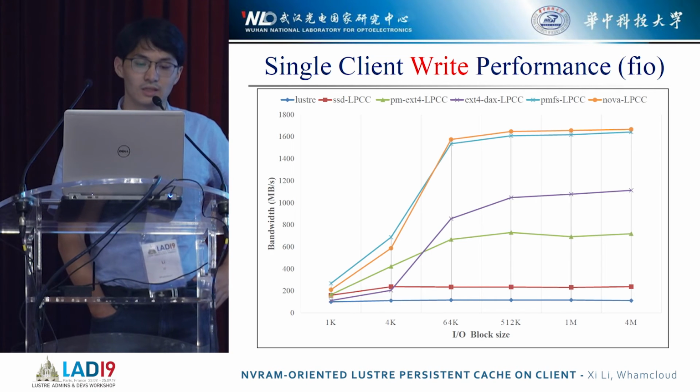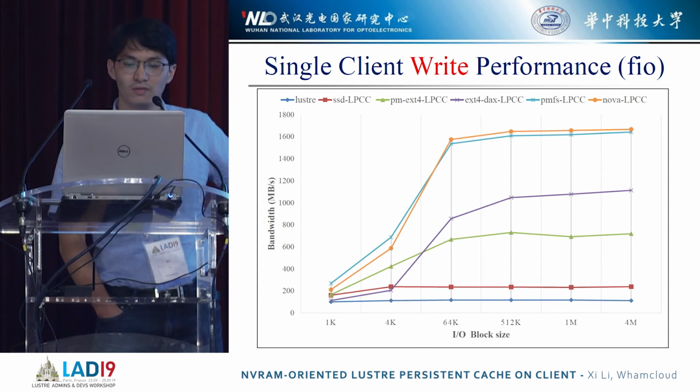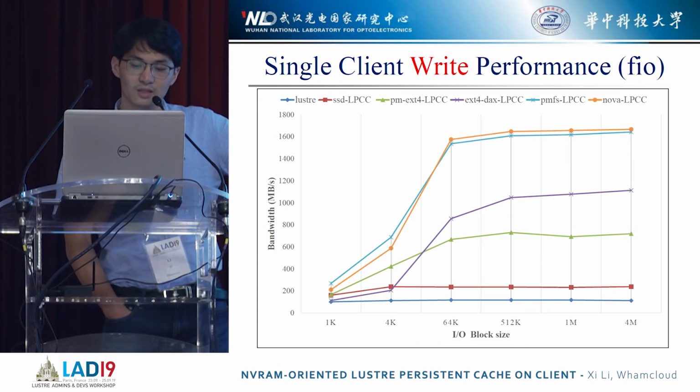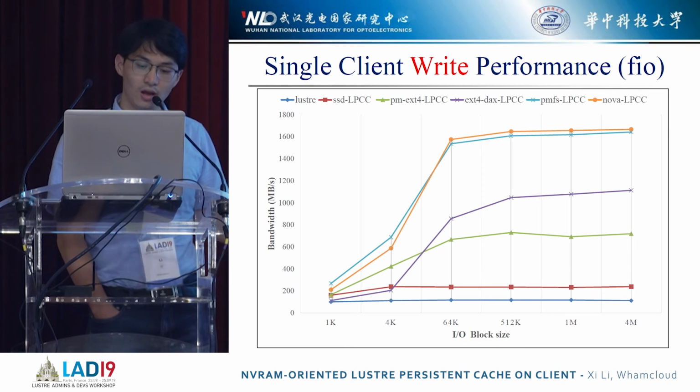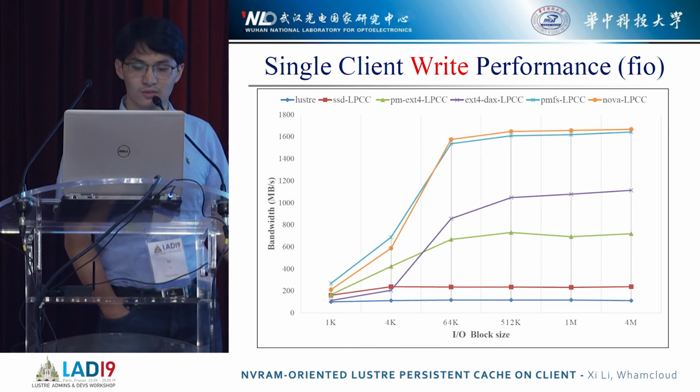This slide is about bandwidth, but if we look at the line of EXT4 with the DAX feature, we can get a similar conclusion here. When the I/O size is big, EXT4 with the DAX feature has good performance compared to EXT4 without DAX. But when the I/O size is small, the performance is bad. It's pretty bad because it is even worse than the SSD.